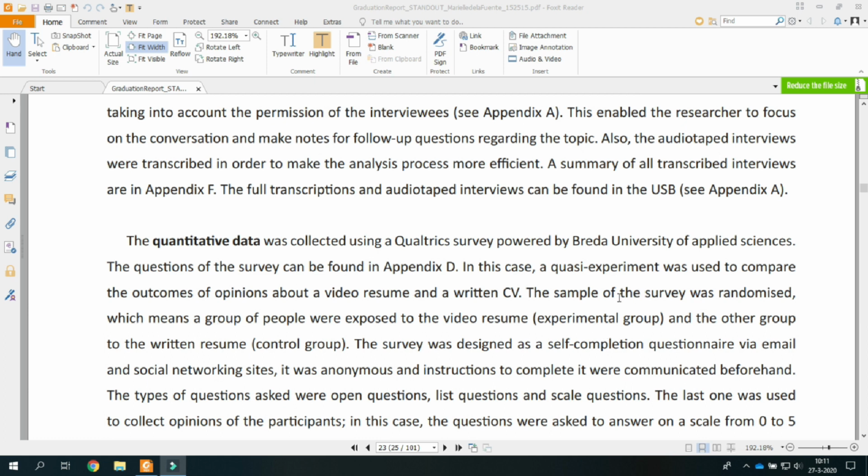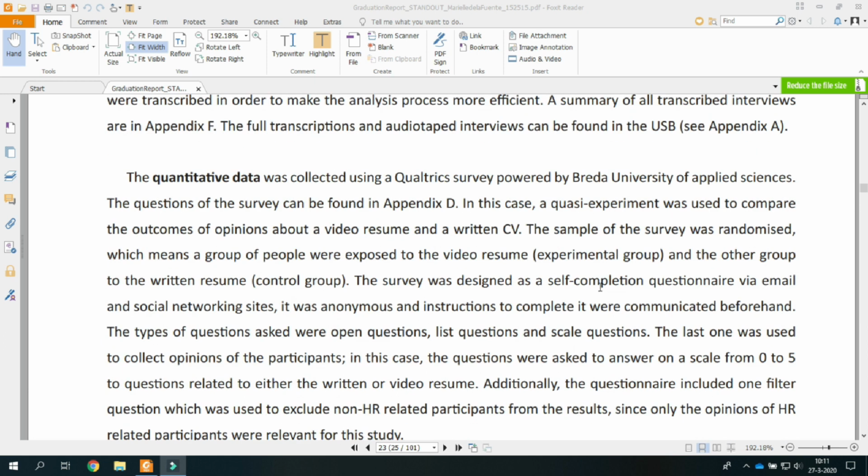In this case, a quasi-experiment was used to compare the outcomes. So she had a video resume and a written resume. She randomly assigned them to the viewer, and this is the way she would see if there's a difference between the effect of a video resume and a written resume.